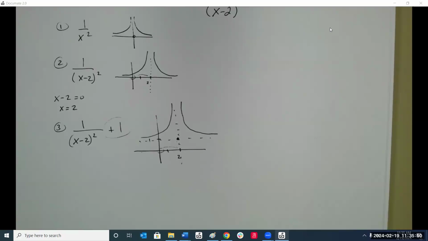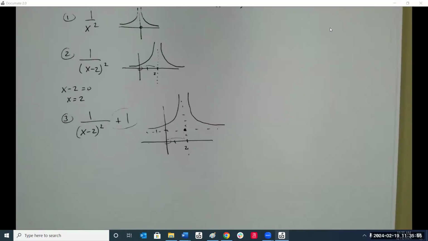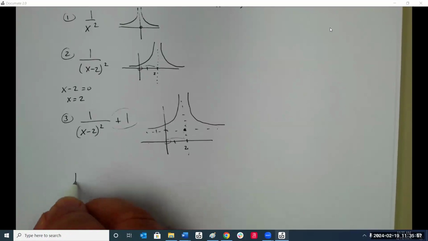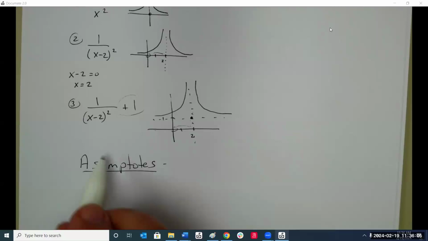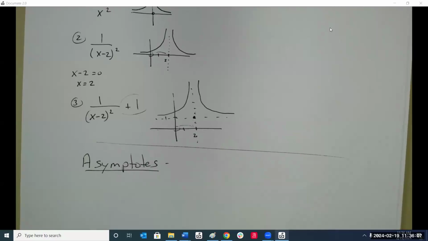So whenever you have rational equations, you look for things called asymptotes. An asymptote is an imaginary line that the graph cannot cross.